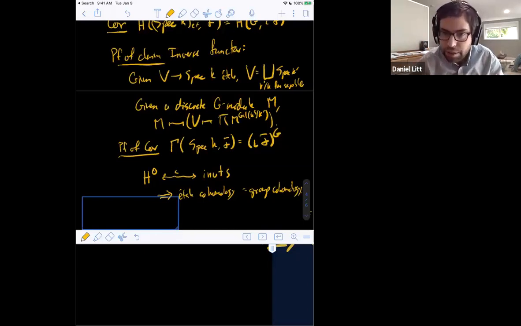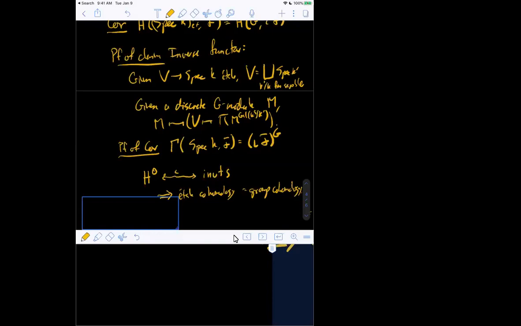Yeah, so Arvind asks, can you give the example for the inverse functor where M is E(K bar) for an elliptic curve? Sure, that's a good example. So let's just do an example of this functor from discrete G modules to sheaves on Spec K étale. Also, I think your screen is frozen.